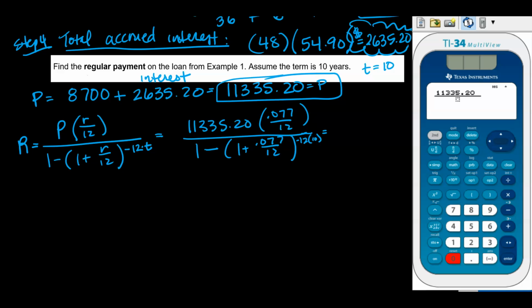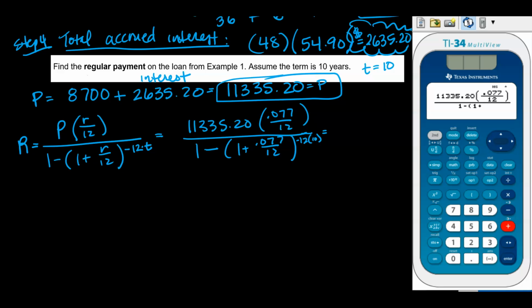Even when I've got that fraction on top, I can put a parenthesis and press the N over D button again and plug in 0.077 divided by 12. Be careful with the arrows. Sometimes you'll get stuck in the denominator and it's easy to mess things up. But if you go slowly and pay attention after each step and make sure it looks like what you have on paper, it's a really good option.